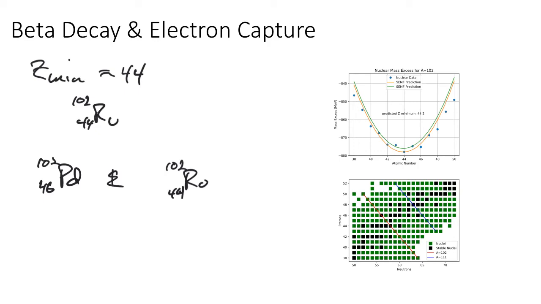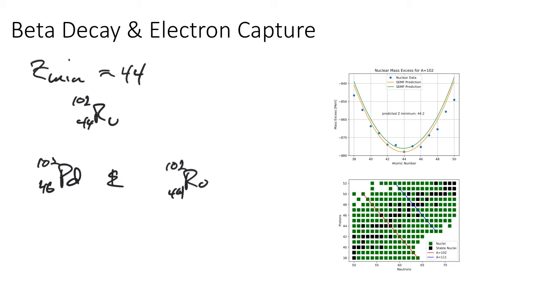And the reason they're stable is because the palladium 46 would have to go to a higher energy state. So it's kind of in this local minimum of mass energy. And so the inverse beta decay is not energetically allowed for it.